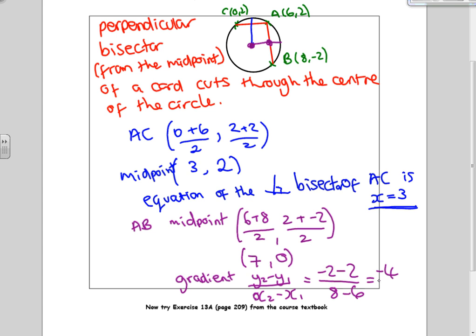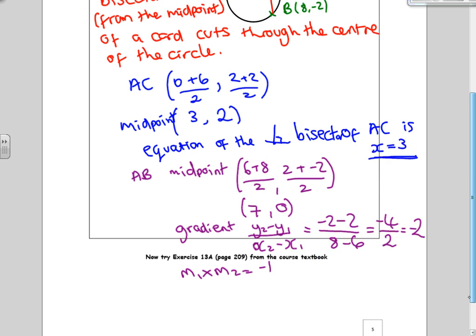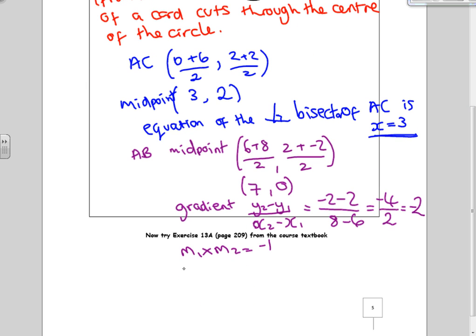So it gives us minus 4 over 2, which gives us a gradient of minus 2. But of course, that is the gradient of the line, and we want the gradient of the perpendicular bisector. So we will be using m1 times m2 equals minus 1 to get the gradient of the normal. So m1 is minus 2. So m2 must be equal to half.